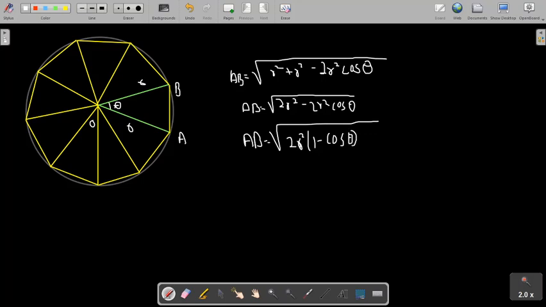Since it is r squared, if we take it outside the radical sign, we'll get it as r, so AB equals r times the root of 2 times 1 minus cosine of theta.